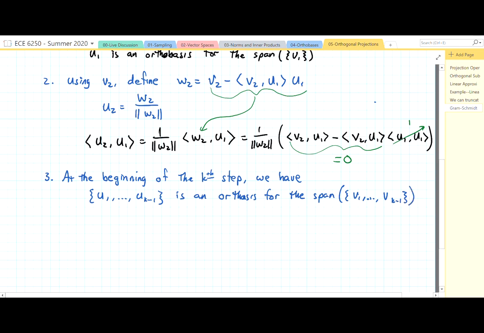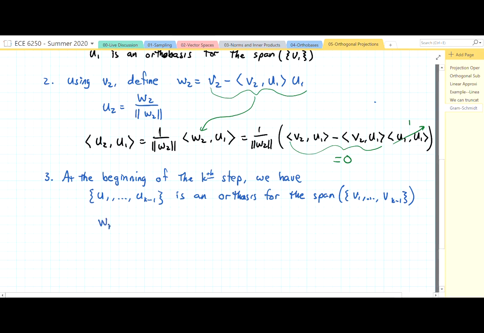Now I will add what happens if we have something like two vk's that are, say, linearly dependent. We'll end up getting wk is equal to 0, and we'll skip it. I'll write that down in just a moment so it's here in the notes.